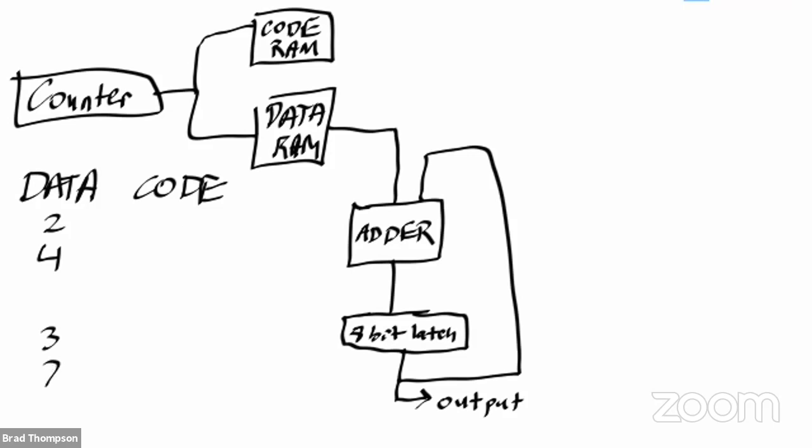So in our code, we want to basically just load this first number into our latch down here so we can use it again in our next computation. And then we want to add, we want to take this 4 and add it to what we've already got down here.